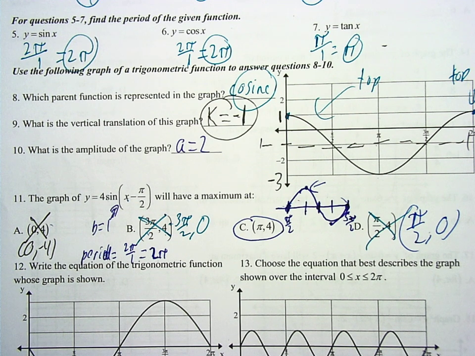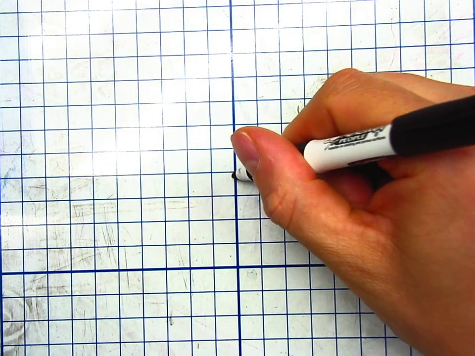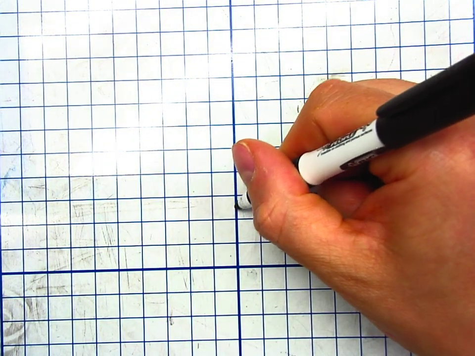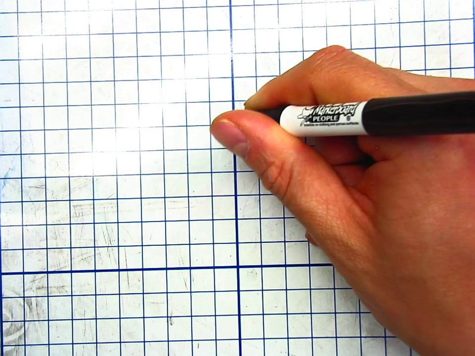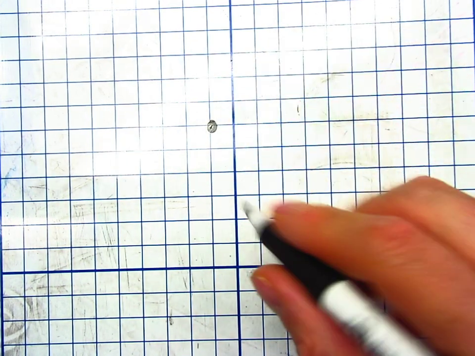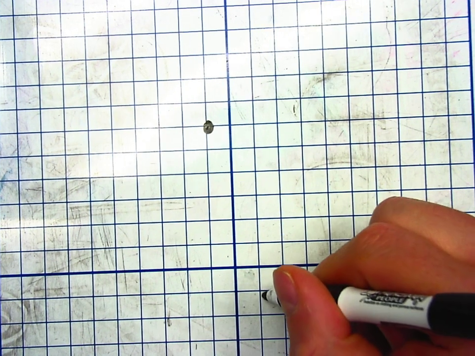So for example, if I say there's a function with a maximum at, let me get a marker, at 1, 2, 3, 4, 5, 6, and its minimum is at -1.